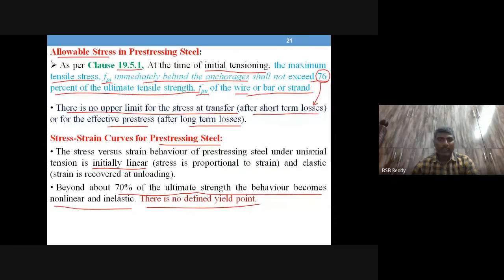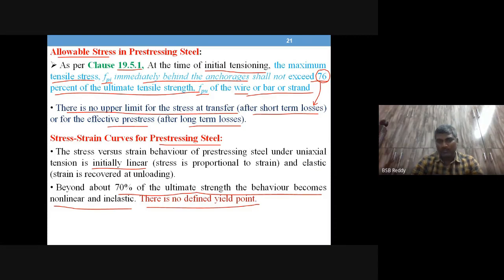And there is no upper limit for the stress at transfer, as you know, once the tensioning is done and once the stress is transferred to the concrete, when you cut the pre-stressing steel wire, it is going to have a lot of losses.